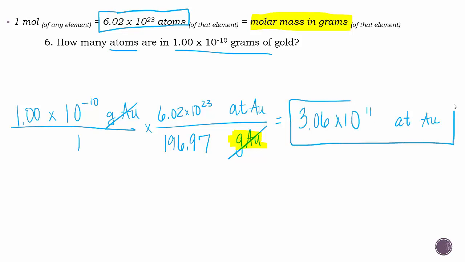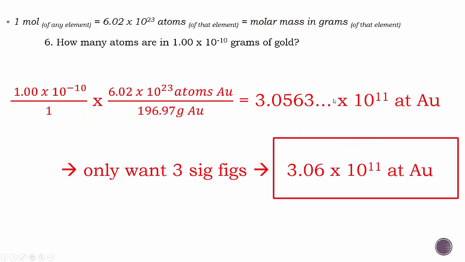And that's atoms of gold. Very good. If you didn't quite catch that rounding, the original number in the calculator was again 3.056. We're going to round to the hundredths place, so the 6 causes it to round up. So 3.06 times 10 to the 11th is our answer.